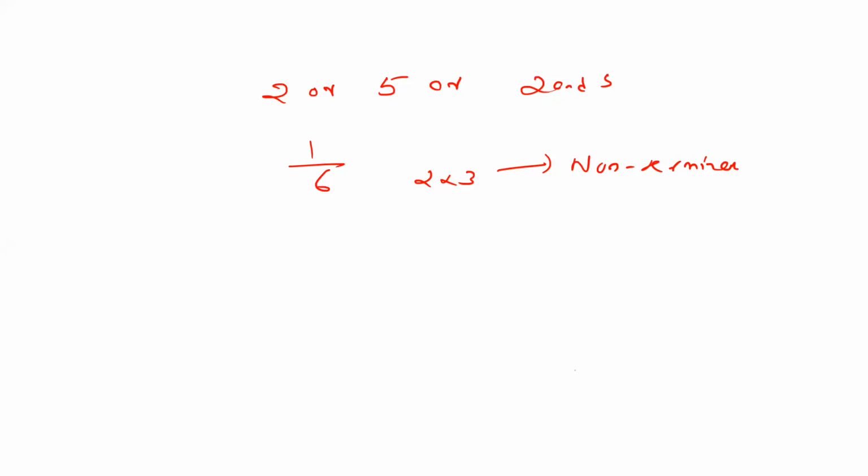Okay. Now, I told you the decimal form of a rational number is either terminating or non-terminating repeating.